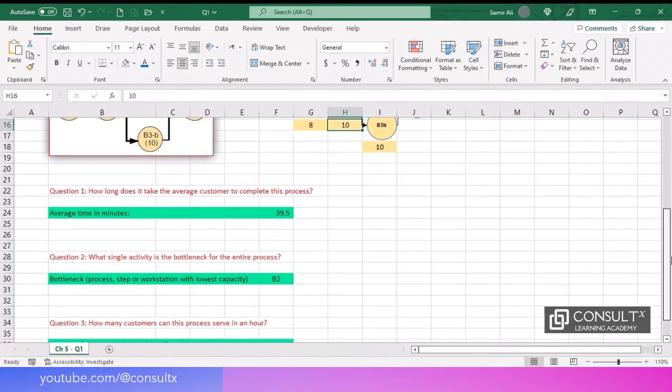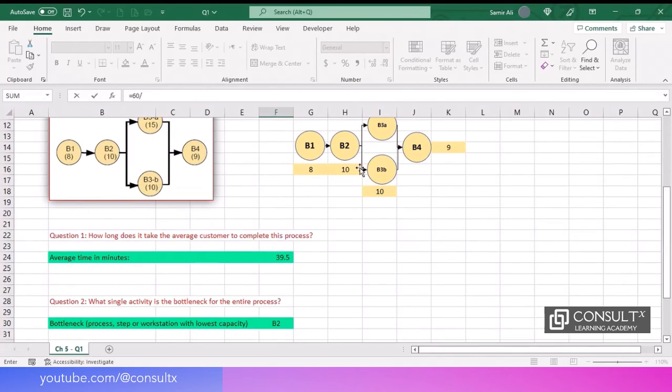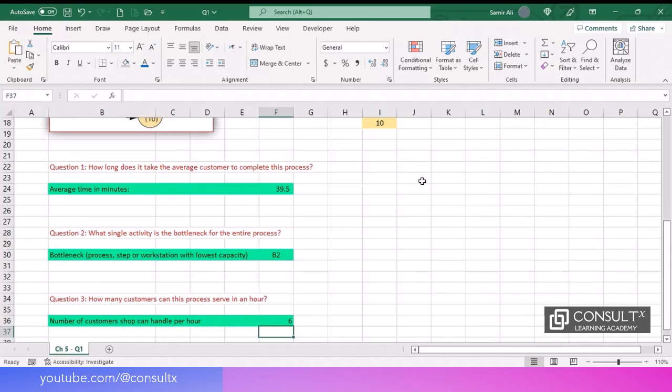So we would simply convert 1 hour into 60 minutes and then divide it by the bottleneck process, 10 minutes of that process. So our answer would be the shop can handle 6 customers per hour. That's the end of question 1.